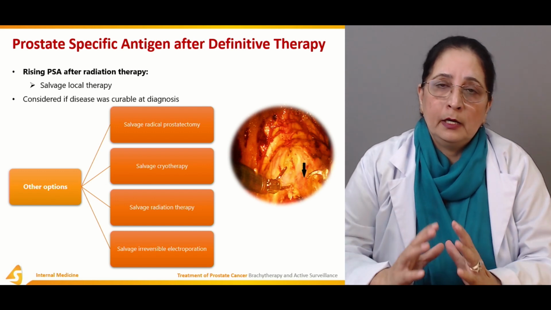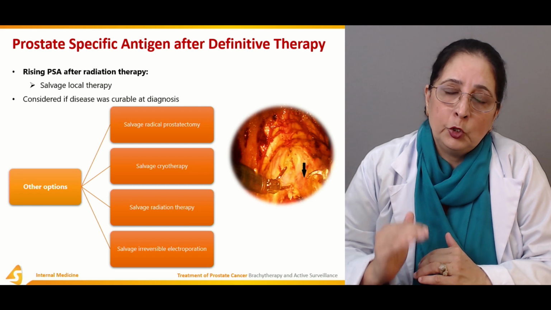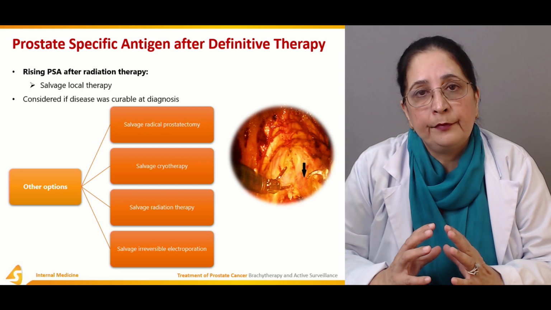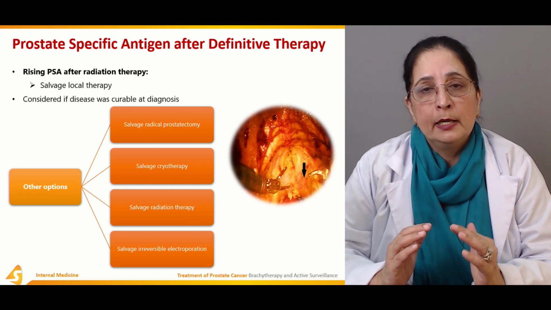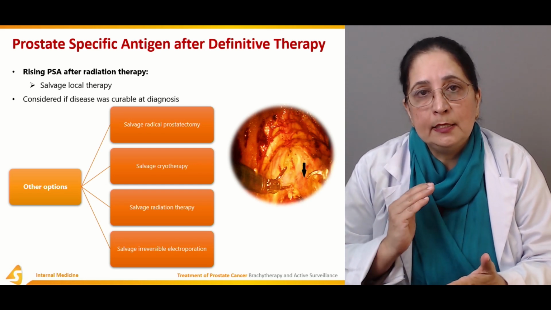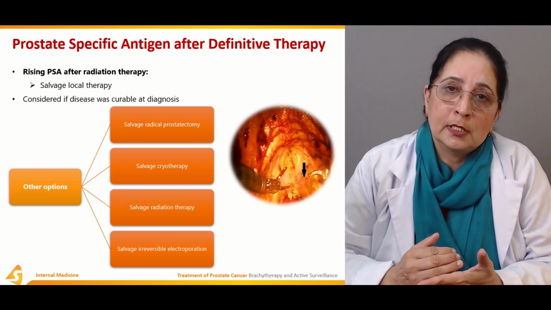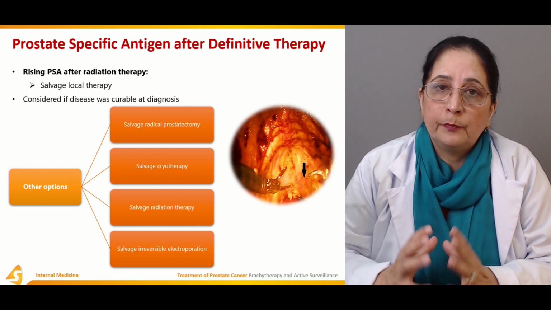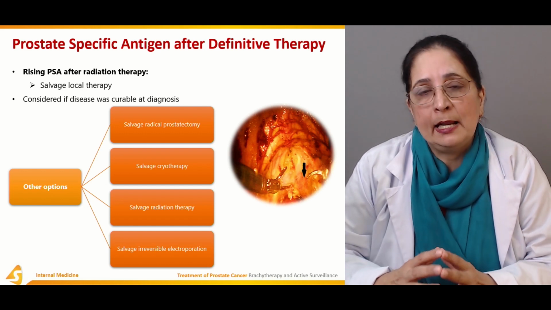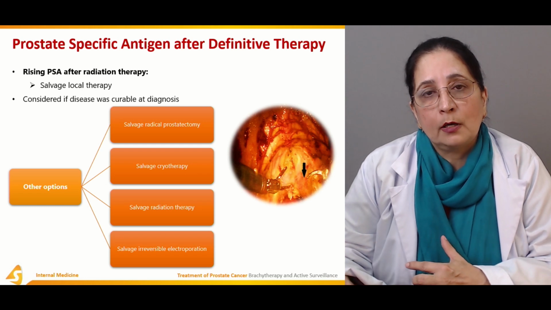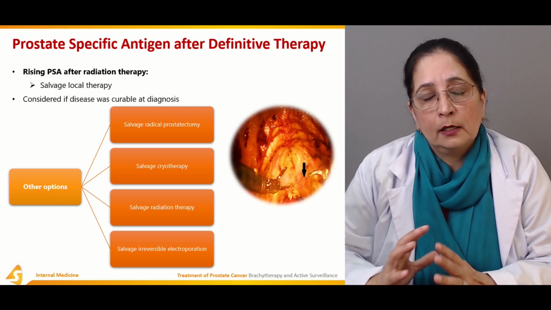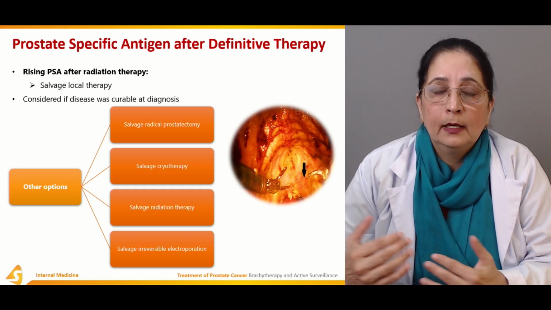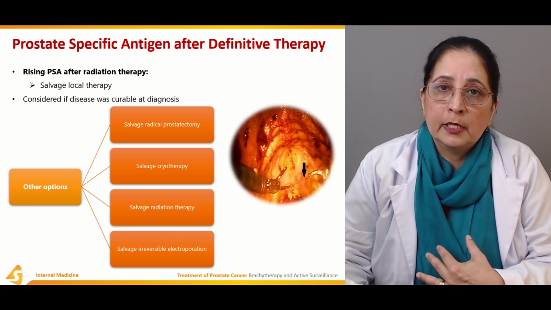So these are all options if we notice there is a rise in prostate-specific antigen level after the definitive therapy. That definitive therapy can be the surgical treatment of the prostate cancer or the radiation therapy. We should look for the prostate-specific antigen level. That is very, very important as a prostate cancer prognostic factor.